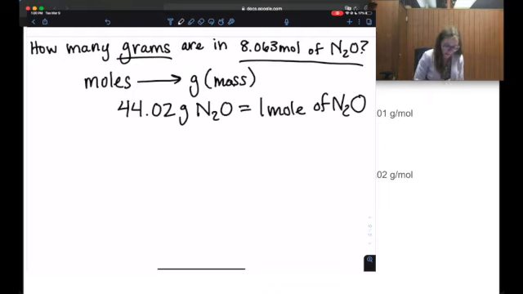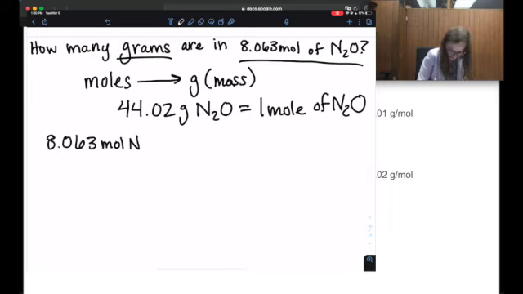Okay, so it looks like I have the information I need here. I have grams, and I have a relationship between grams and moles, and I'm trying to transfer myself between grams and moles. So let's set the math up and see if we have what we think. So we have 8.063 moles of N2O.